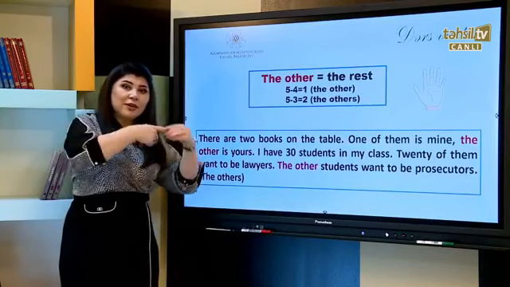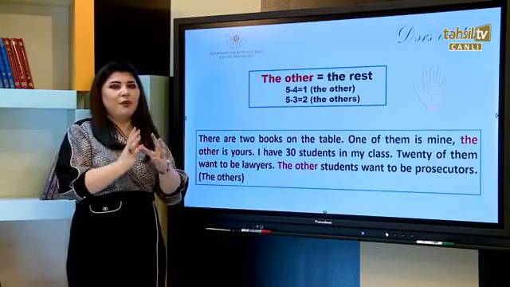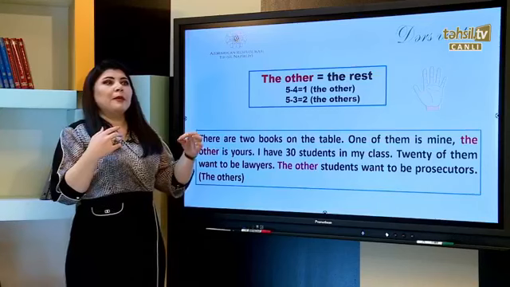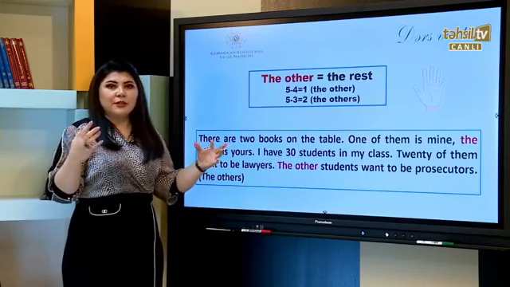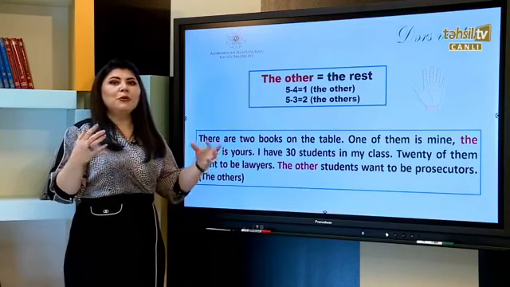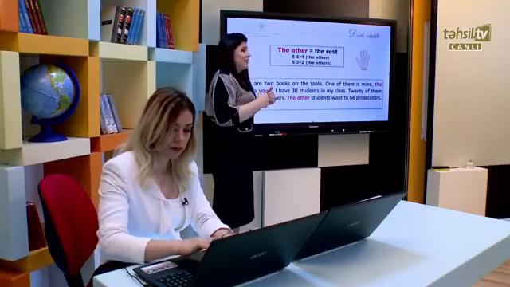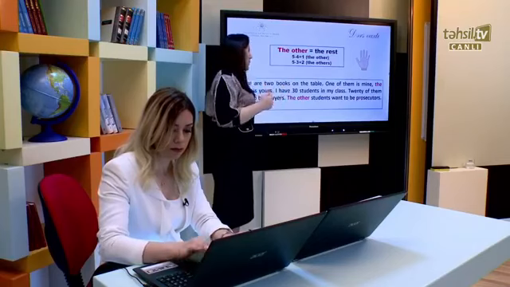Is it clear? The rest out of the 5 friends. Or is it clear, dear students? So when we say, for example, we can see 3 birds in the tree. 2 birds are pigeons, and the other is, for example, a nightingale.